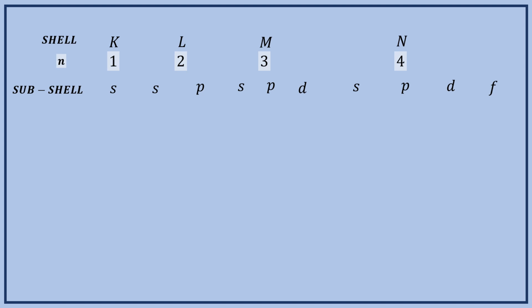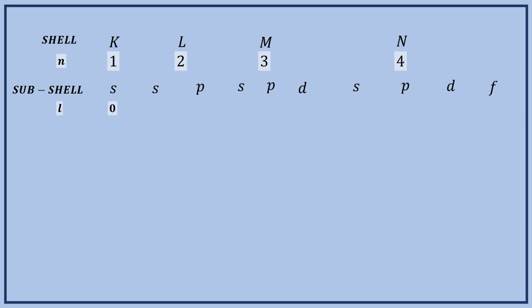We distinguish between these subshells with azimuthal quantum number, which starts from 0 and goes till n minus 1. So the value of l for S subshell will be 0. It begins from 0 and goes till n minus 1.